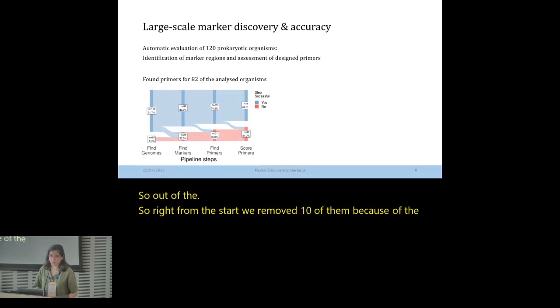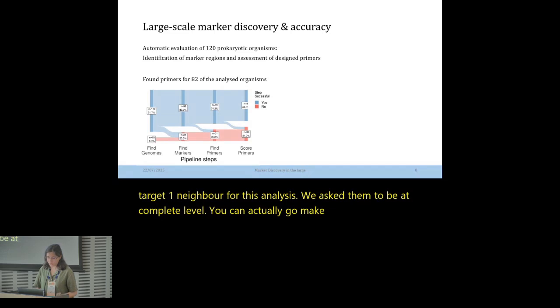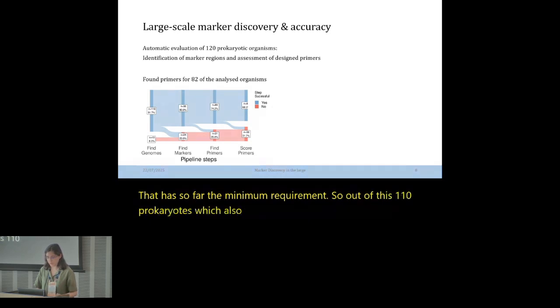We actually require a minimum of 1 target, 1 neighbor. For this analysis, we asked them to be at complete level. You can actually go to chromosome, but that's so far the minimum requirement. So out of these 110 prokaryotes, which also includes E. coli, it's 2,000 genome accessions, something like that.